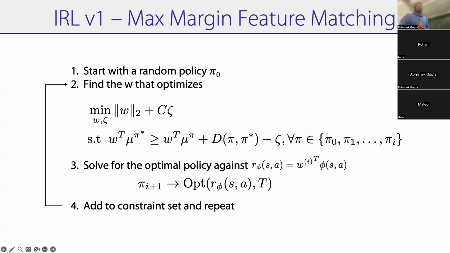Typically when people were doing max margin IRL, they were doing it with linear policies, handcrafted features, and, what do you call it, LP solvers, right? People were using convex optimization packages to solve this.